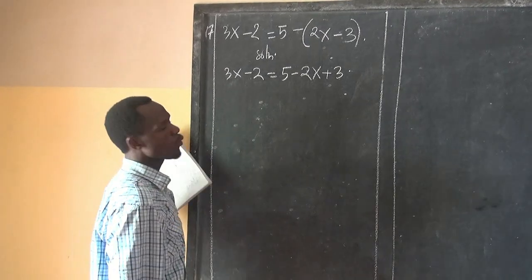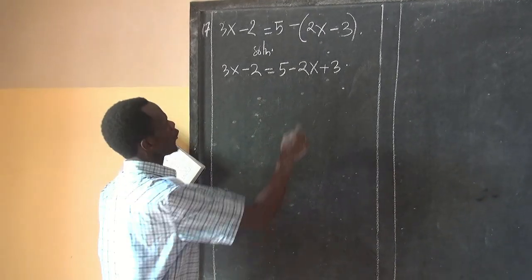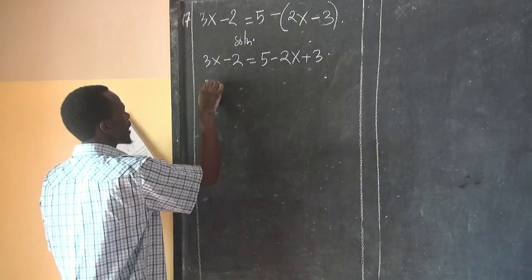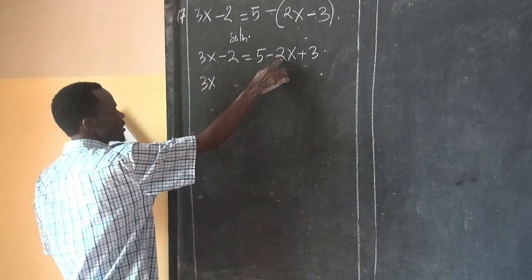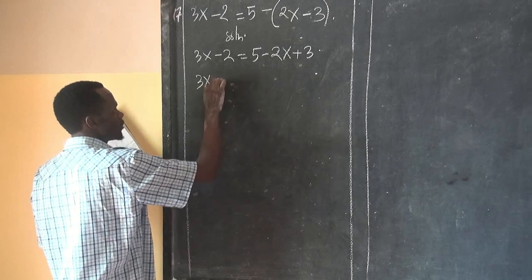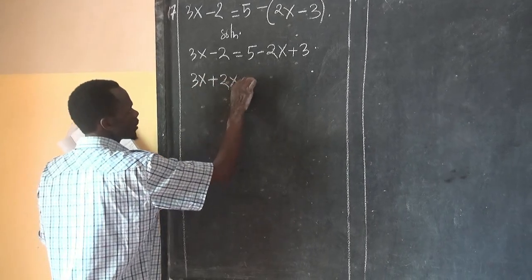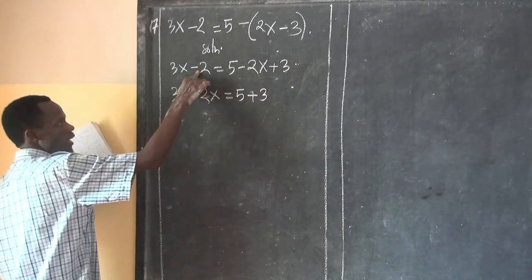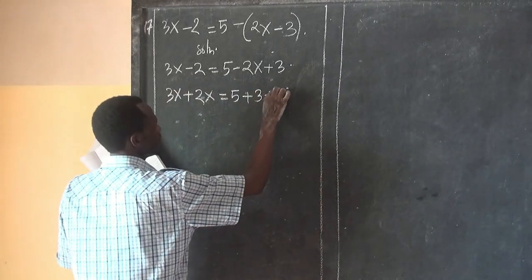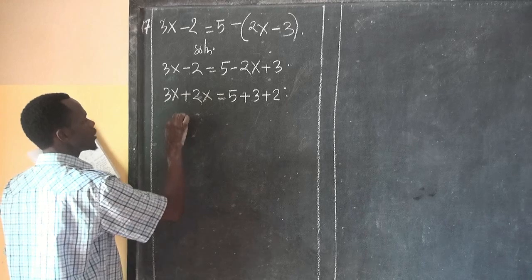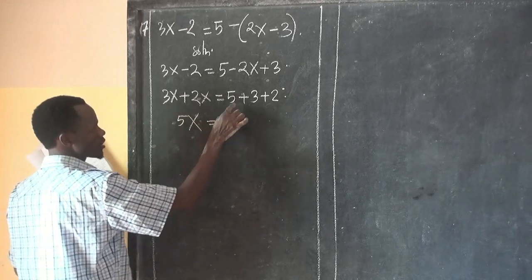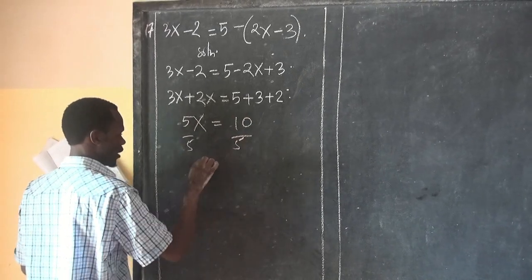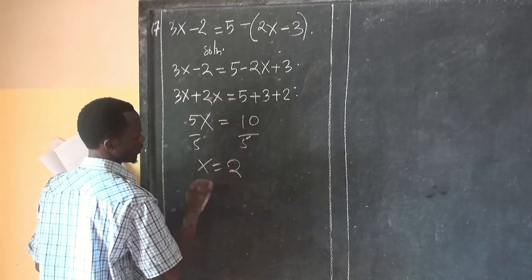After you have done so, we have to collect the like terms. Now we have 3x, this is positive, negative 2x becomes positive 2x, is equal now to 5 plus 3, and also this negative 2 becomes positive 2. Now here is 5x, which is equal to 10. Divide by 5, divide by 5. Now x is equal to what?